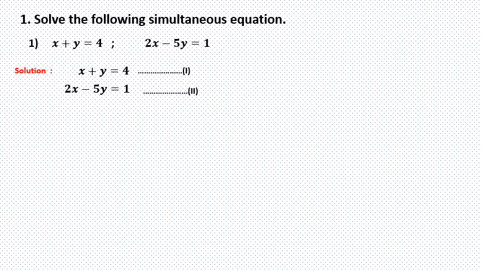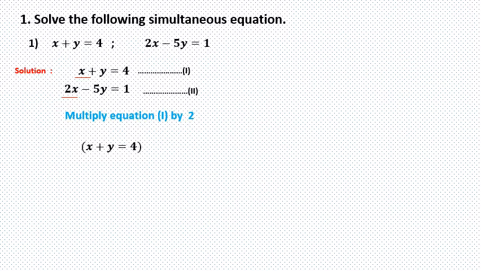So we will make the coefficient of x the same. In equation number 1 it is x, in equation number 2 it is 2x. So we have to multiply equation number 1 by 2 in order to make x into 2x. So write first equation number 1. Our equation number 1 is x plus y equal to 4.